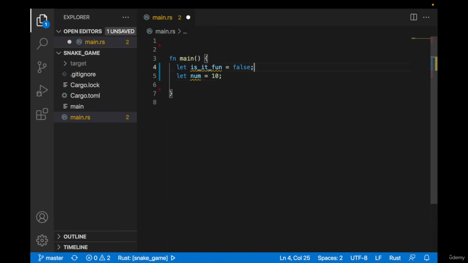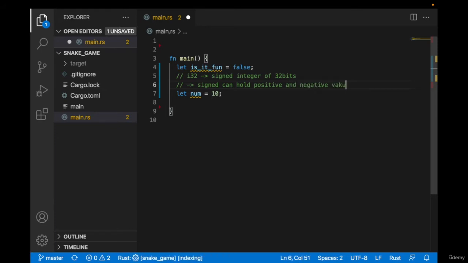Signed means it can hold positive and also negative values. So it can be 10, it can be minus 10, it can also be a bigger value.